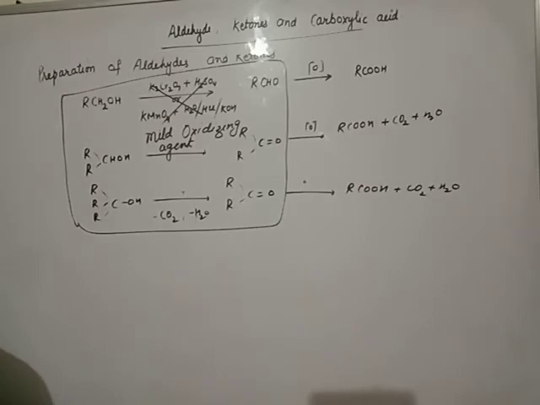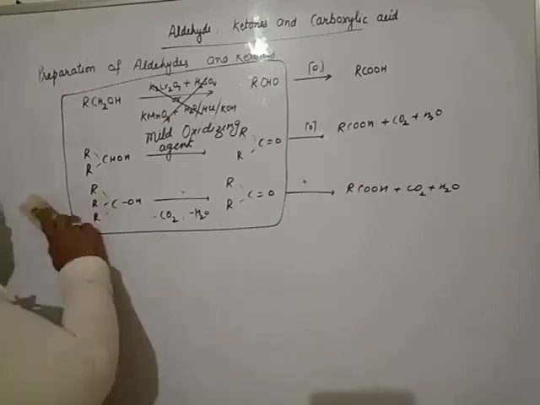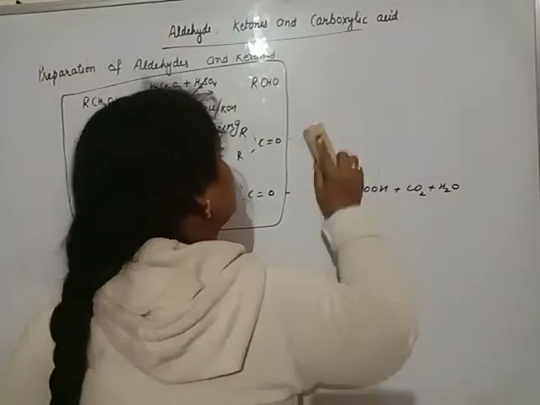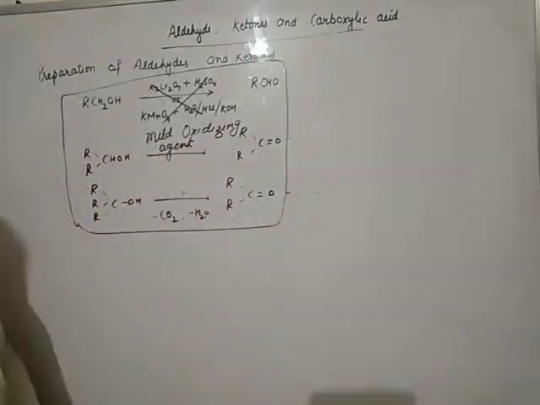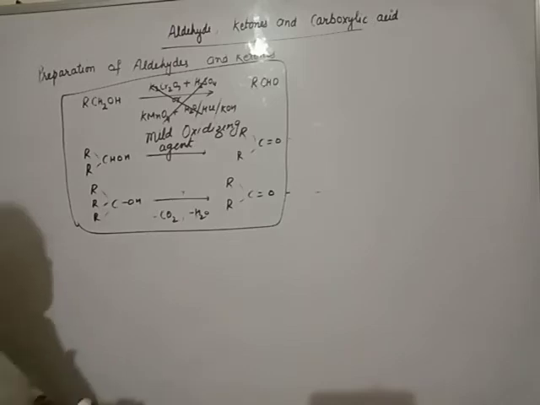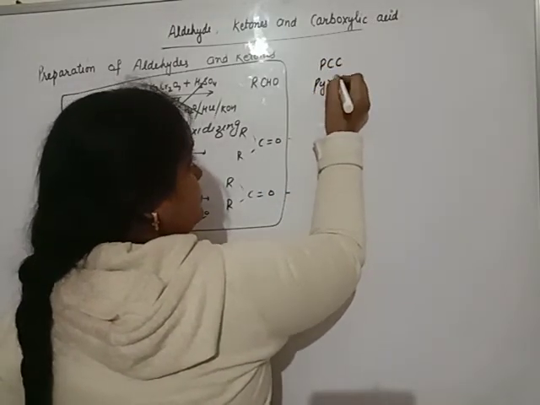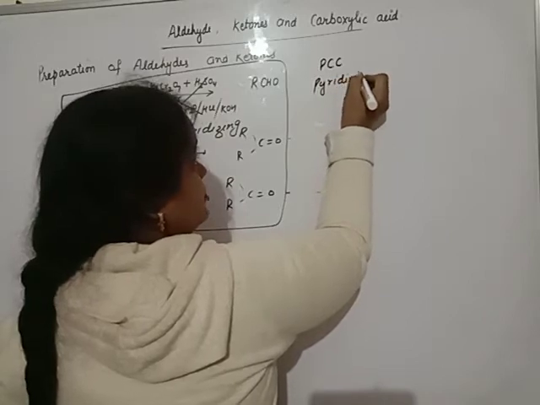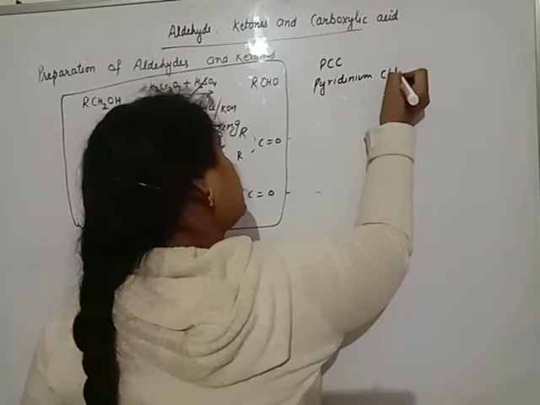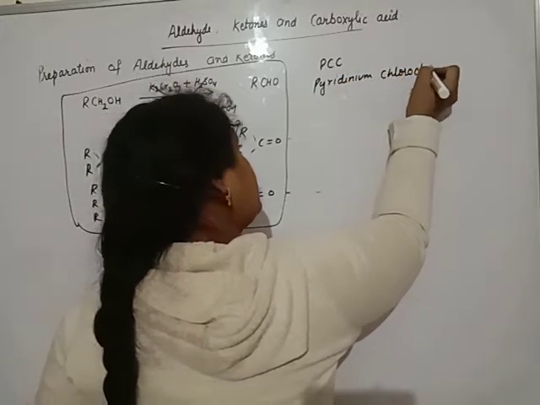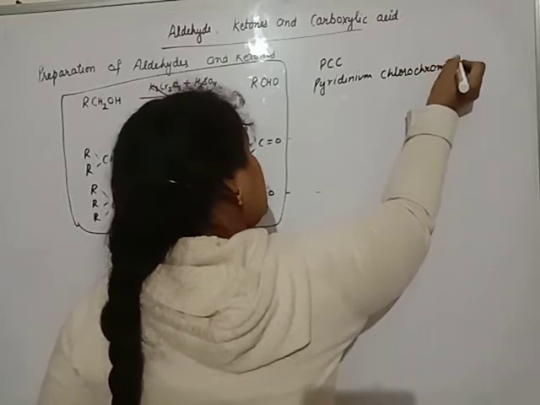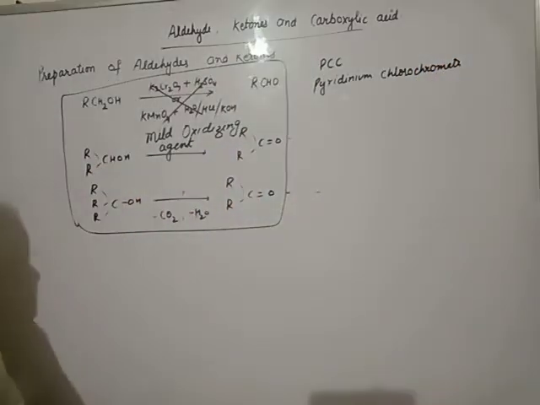Beta, what are these oxidizing agents? These are a number of mild oxidizing agents. You must learn this, beta. PCC, pyridinium chlorochromate. In place of strong oxidizing agent, we will use mild oxidizing agents.